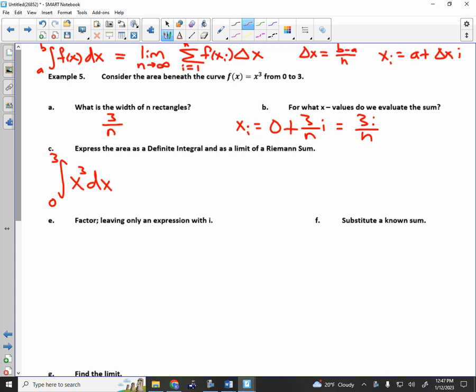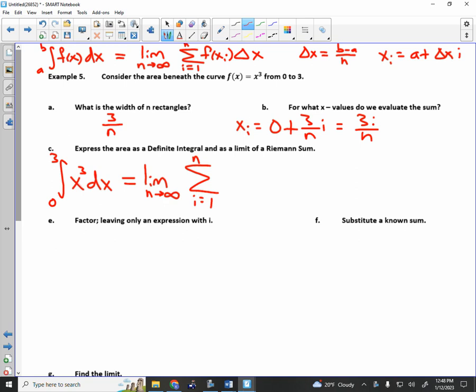Right now, what we do is we add up the area of an infinite number of rectangles. We always start out with the limit as n goes to infinity of the sum from i equals 1 to n. Now this is where we've got to try to remember what we did yesterday.